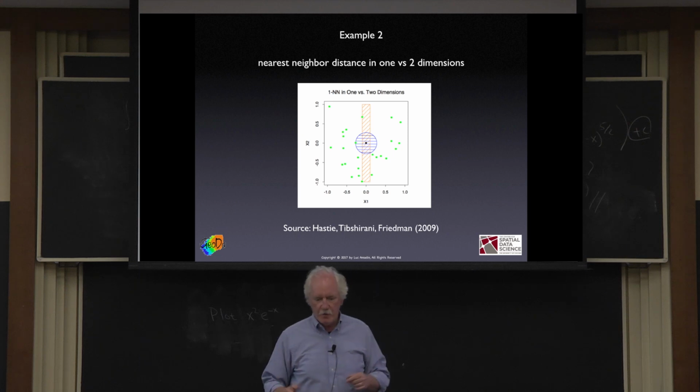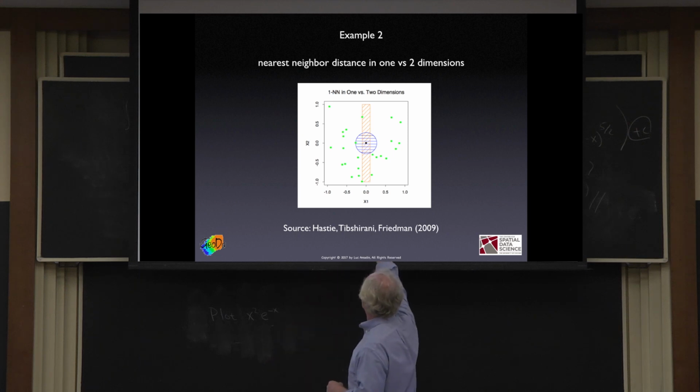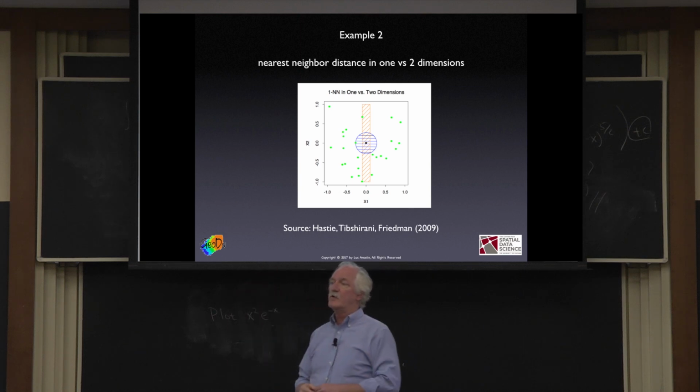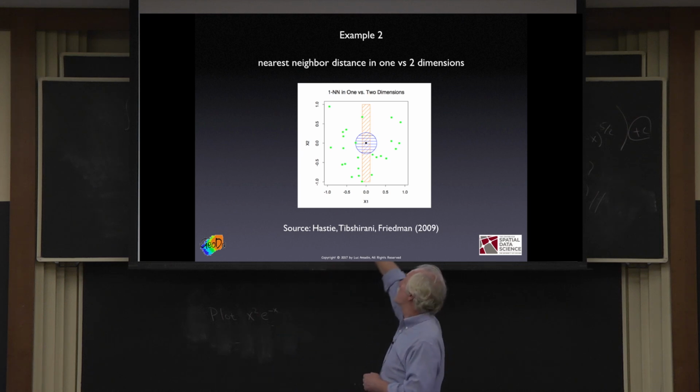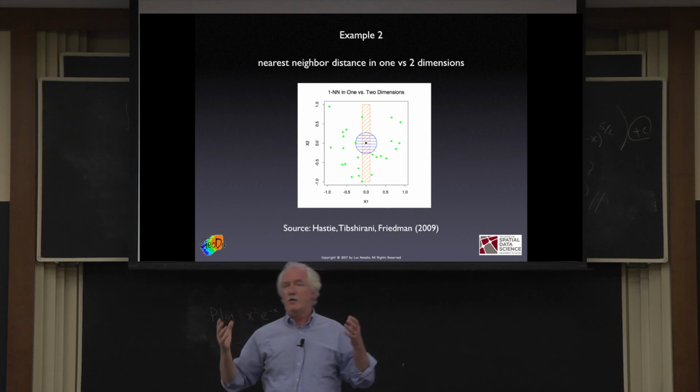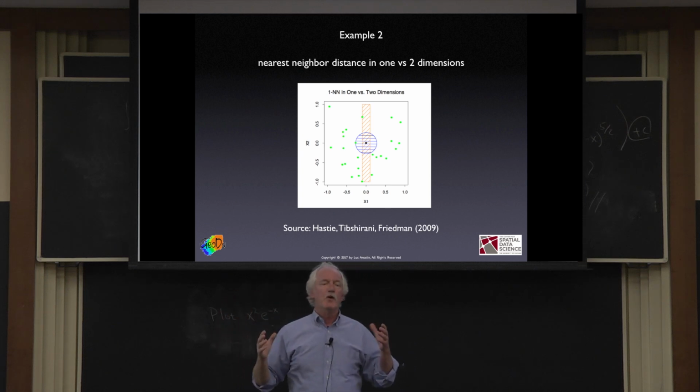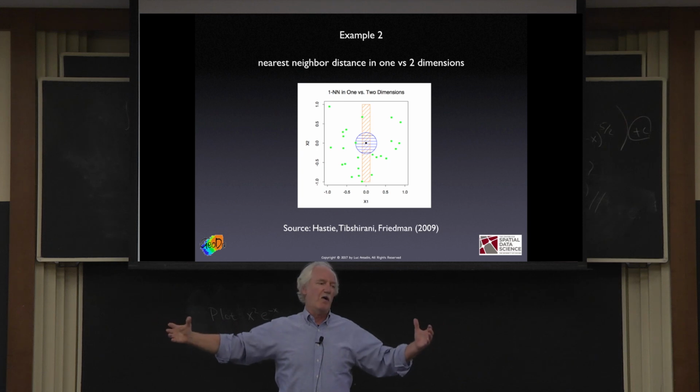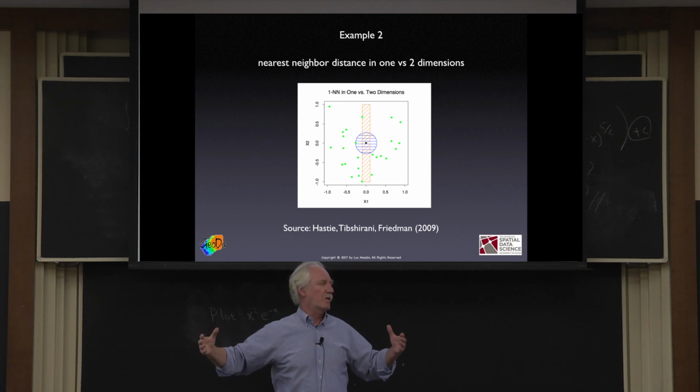So in 1 dimension, that's shown by the orange vertical bar, and again, this is uniformly distributed points. In 1 dimension, you don't have to go very far. In 2 dimensions, you have to go more than double already. And so in multiple dimensions, and multiple doesn't have to be that large, you have to go way too far to get your first nearest neighbor.